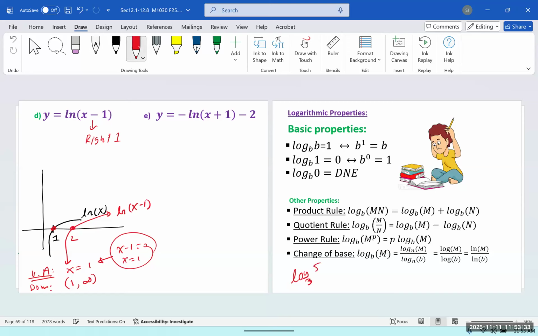You cannot find this in a normal calculator. So you go to the calculator, you do log 5, and you divide by log 3. You're going to get the same result. You guys need to know this change of base, because most scientific calculators don't have a base change formula.